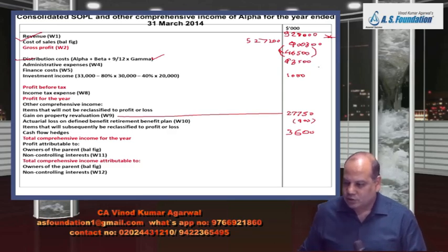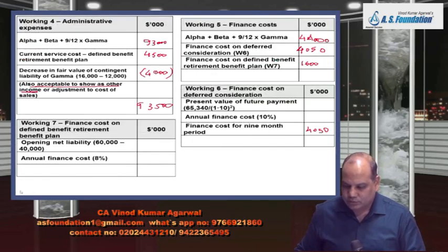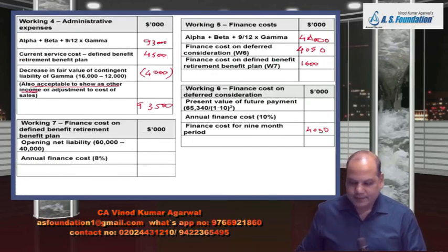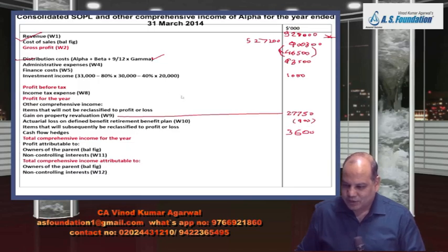Finance cost, go to working note 5. Take the total of the three numbers. Anybody? 49,650. Very good. 49,650.